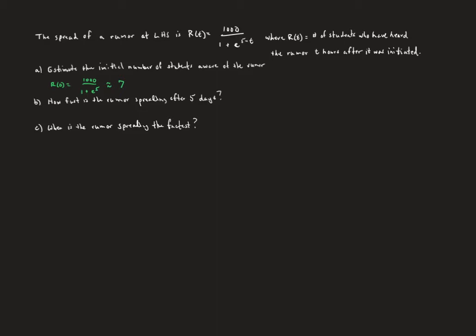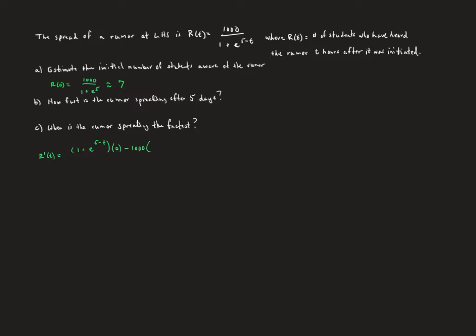Now, how fast is the rumor spreading after 5 days? We need to find R prime of t and then evaluate that at 5. Okay, this is going to be a bit of a challenge. I'm going to do, I think, the quotient rule here. So there's 1 + e^(5 - t) times the derivative of 1,000, minus the numerator times the derivative of the denominator.